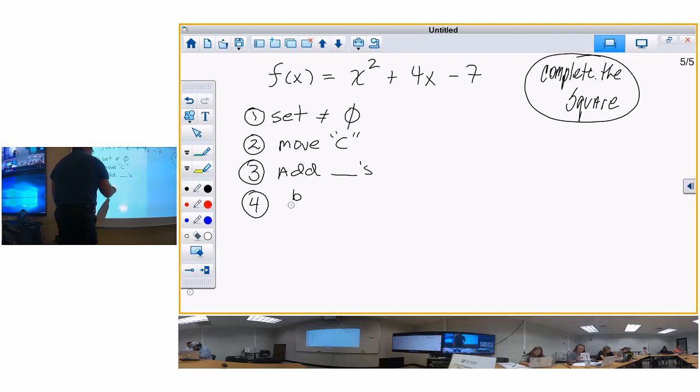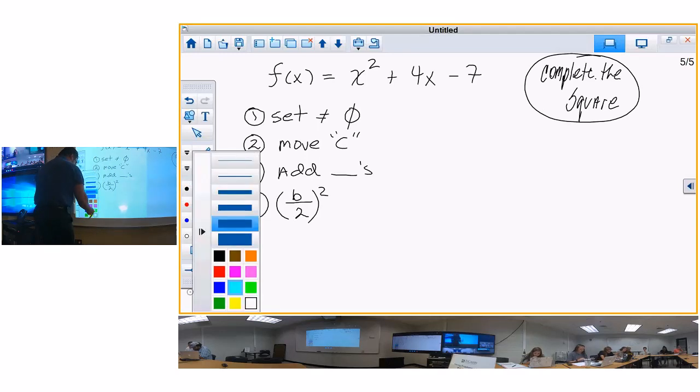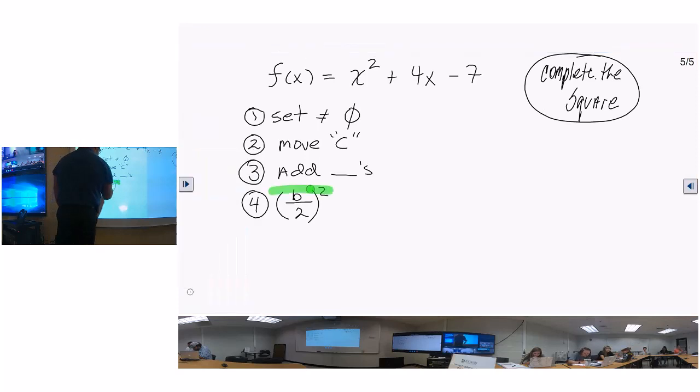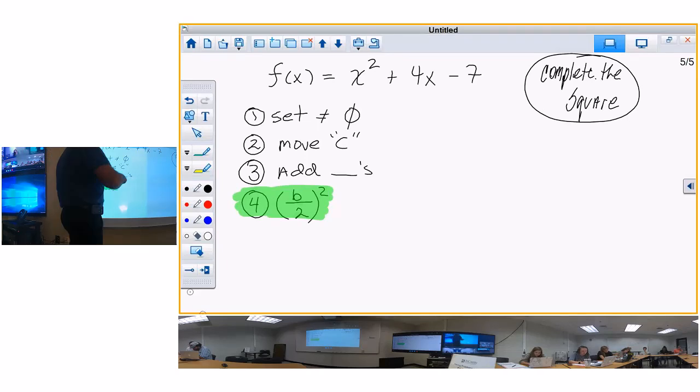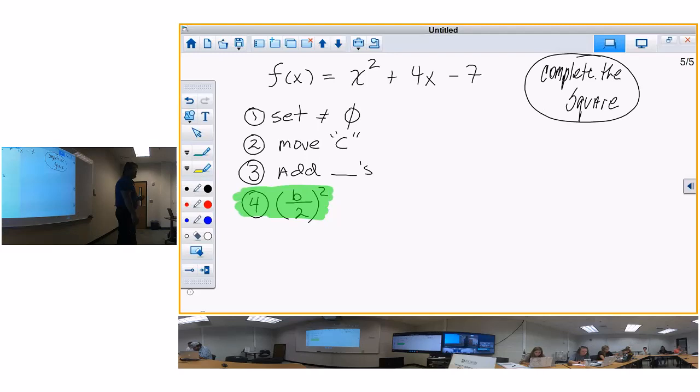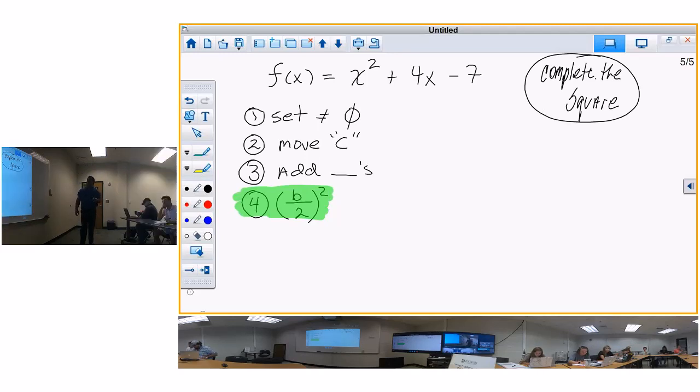I'm going to put (b/2)² and square it. I'm going to highlight that in green, because if you don't do number 4, you might as well just not even do the problem, because number 4 is the key that unlocks the whole thing on completing the square. So if you don't do number 4, you might as well just leave it blank.